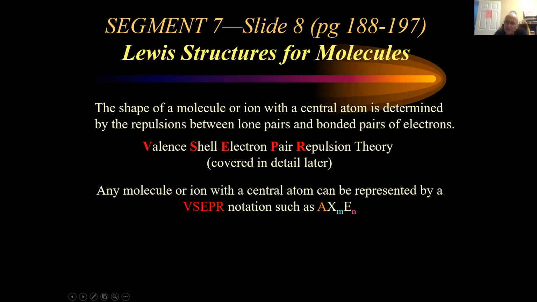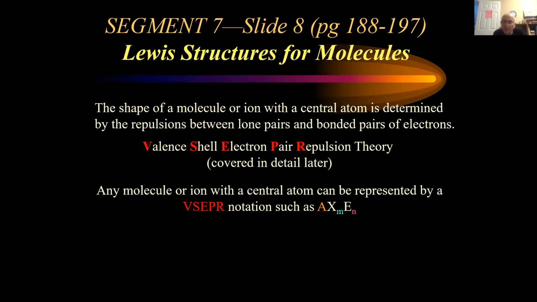Now, A is a central atom that all of these n other atoms are attached to. E represents lone pairs, and m is the number of those lone pairs also on the central atom.